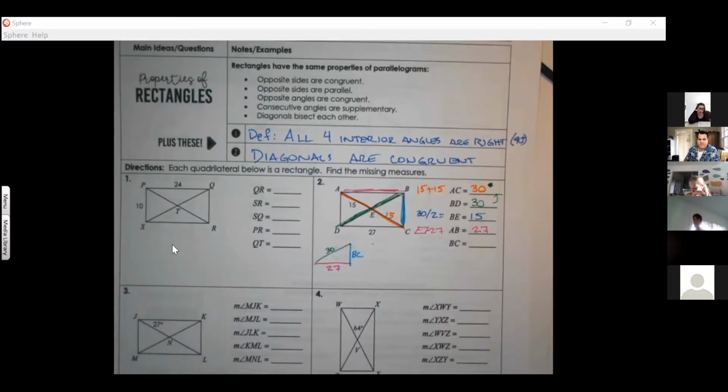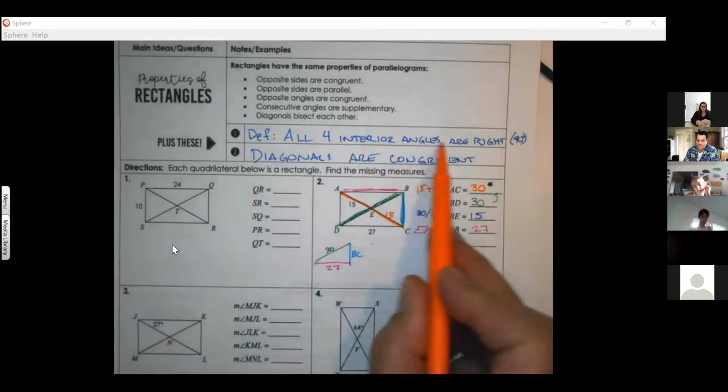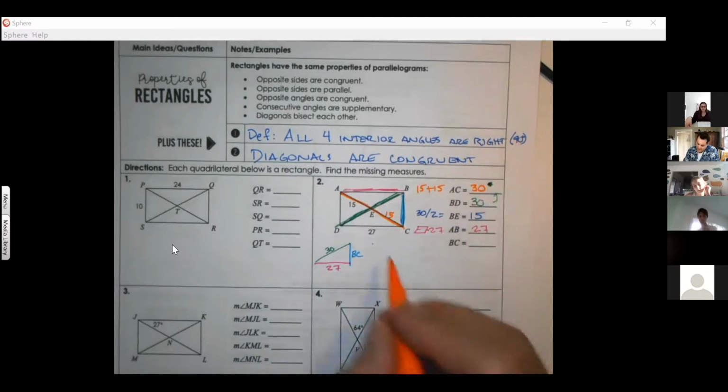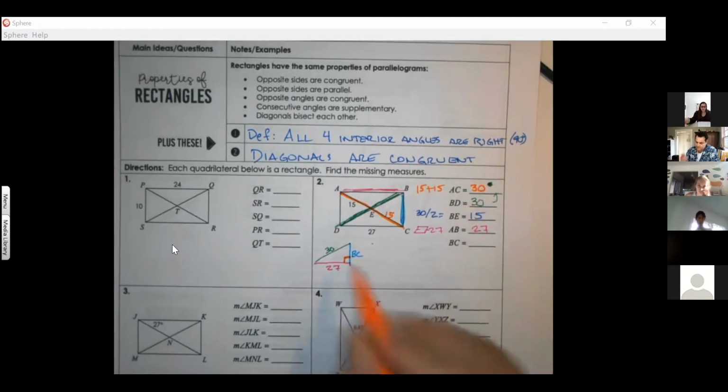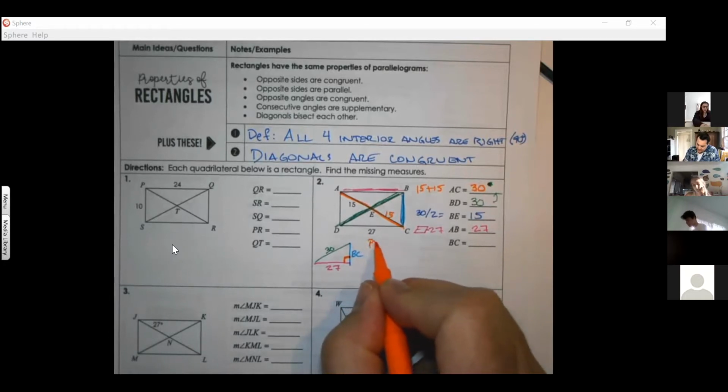It's part of the definition. What more do we know about this triangle? This is a right angle, isn't it? Good. And if it's a right angle, then we know we can apply the Pythagorean theorem.